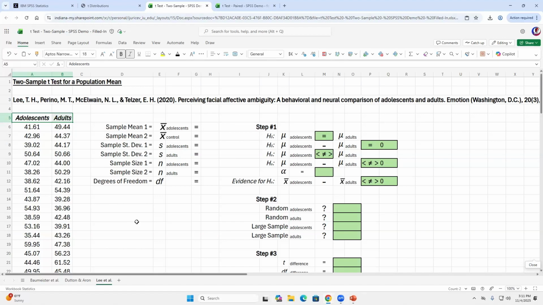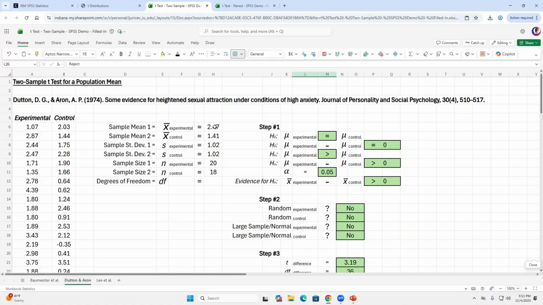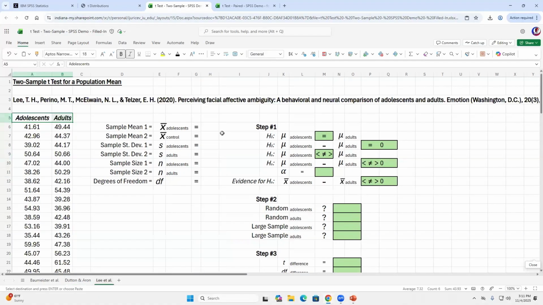sample statistics. And we're going to take advantage of the fact that we've set these up in a way that we can copy and paste them from sheet to sheet. So we're going to go back to the Dutton and Aron sheet and copy those formulas for sample mean, sample standard deviation, and sample size. Then we go to the Lee et al. sheet and simply paste them in the appropriate cells.